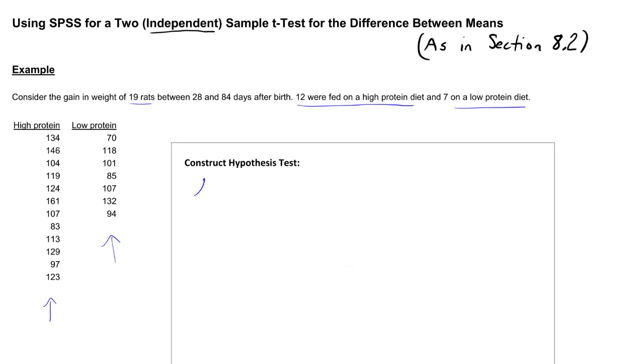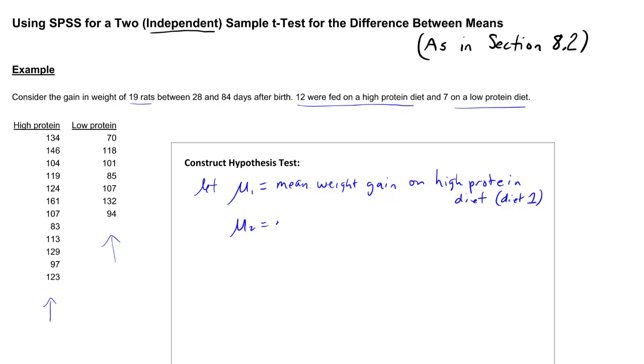Well, first we have to say what these things are. So let mu1 be the mean weight gain on high protein diet. So this is going to be diet 1 for the way we're noting this.